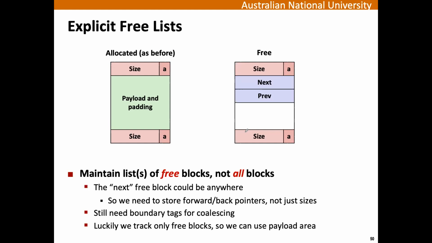When the block is allocated, you don't traverse allocated blocks, you only traverse free blocks. So you can reuse the next and previous pointers for payload when the block is allocated. You don't have to waste two words just for that.